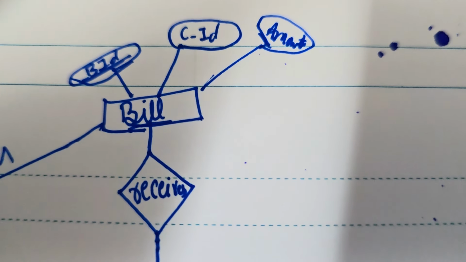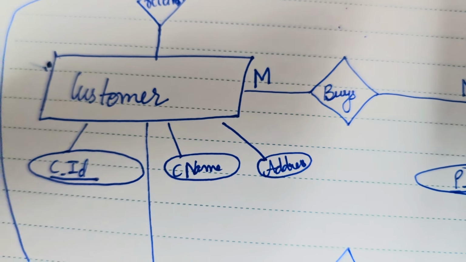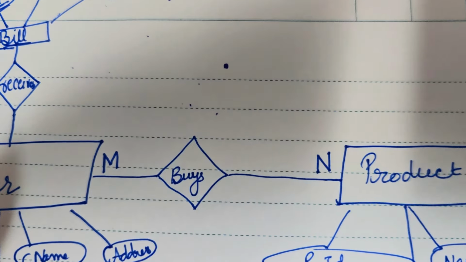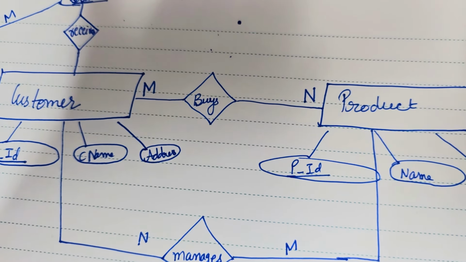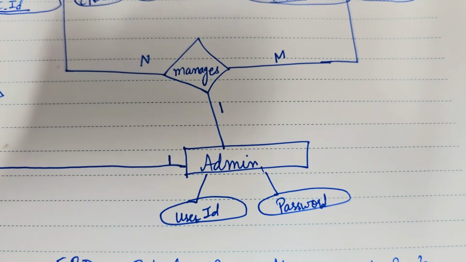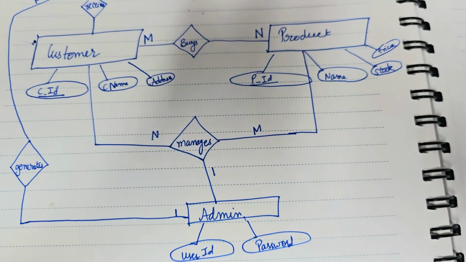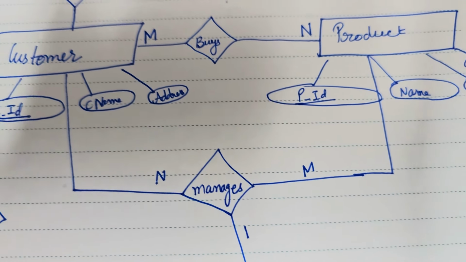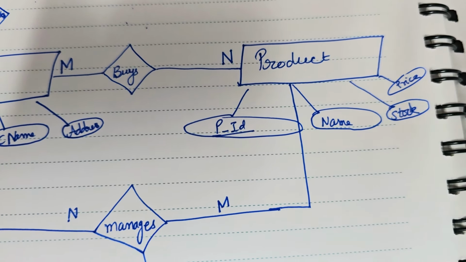Then we capture the relationships between these entities. The first relationship is buys, between the customer and the product. The second relationship is manages. Admin manages customers and admin manages products. Can you see that?